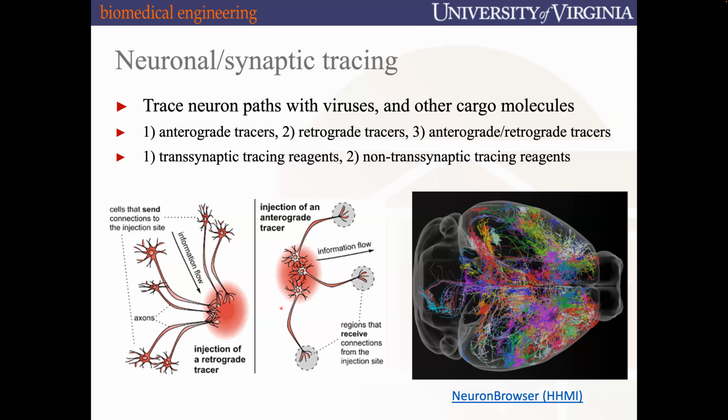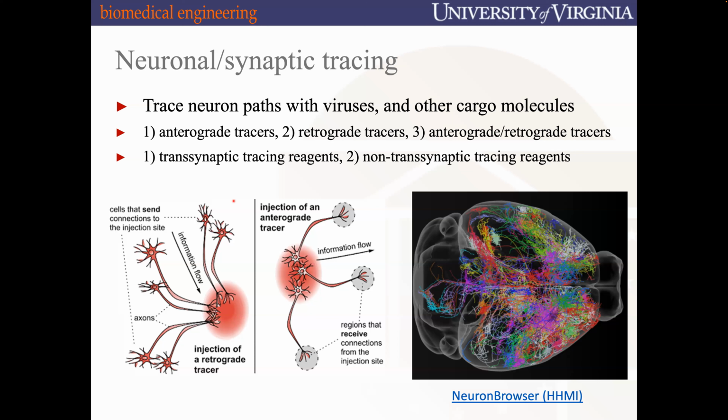What portions of the brain are these dyes going to transport to? So this can get really fancy. You can utilize some types of viruses that are going to go in both directions. If you want to see connections in every direction, you can do something called a transsynaptic tracing reagent.